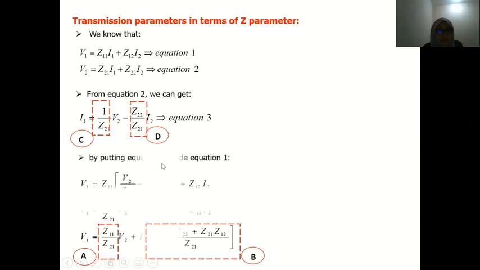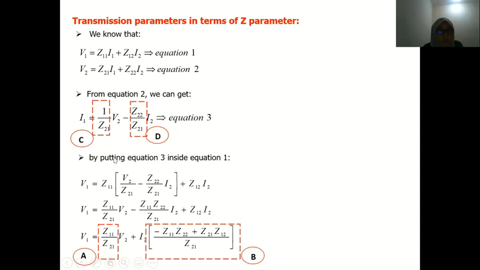Once you get this third equation, you put it into the first equation, substituting your I1. So V1 is equal to Z11 times (V2 divided by Z21 - Z22 divided by Z21 I2) plus Z12 I2.